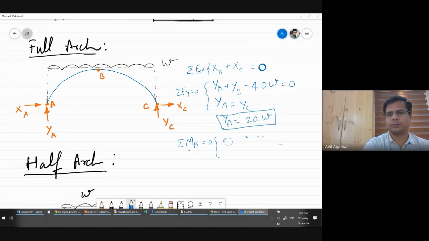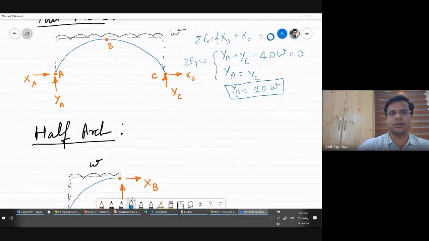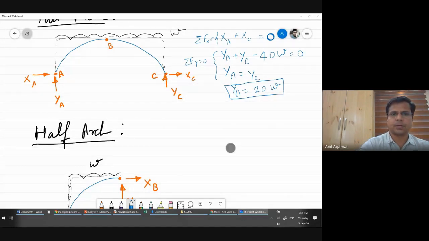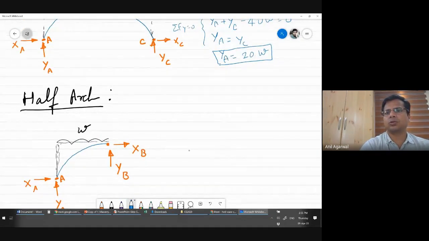No, that is not really required. Okay, please skip this step. I don't need this step right now, because it will essentially give me the same information, moment balance. I cannot get the values of XA and XC from here. I have to work at the half arch. Okay, so YA is equal to 20 times W.